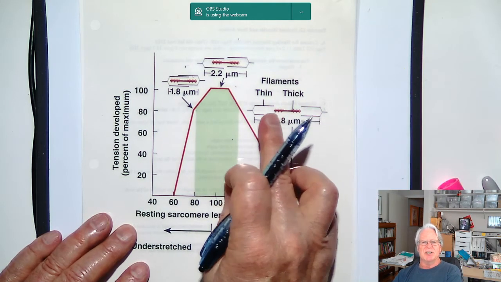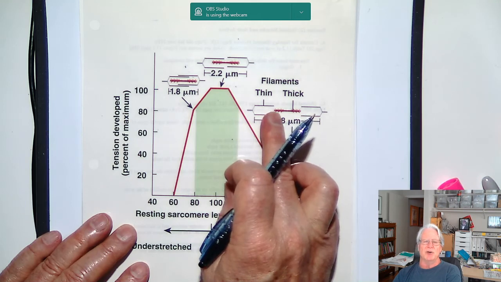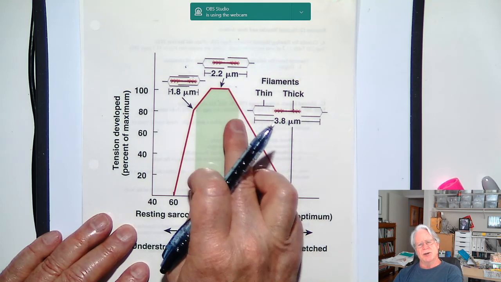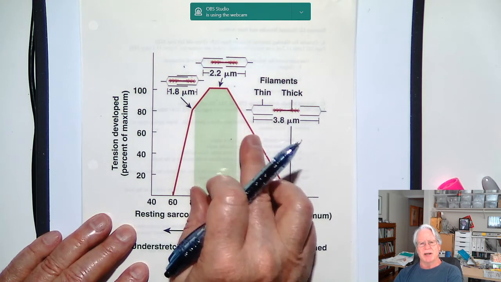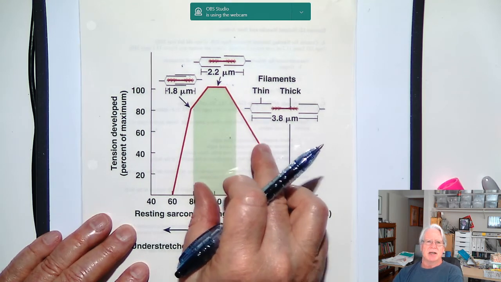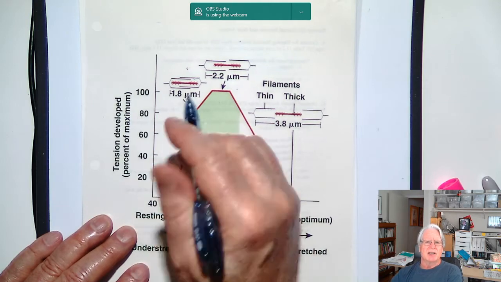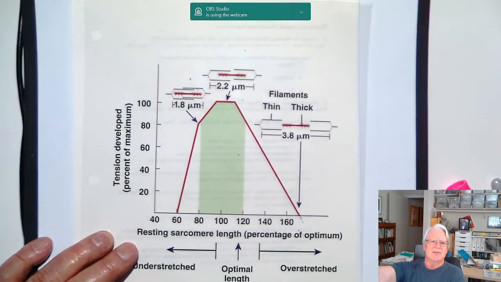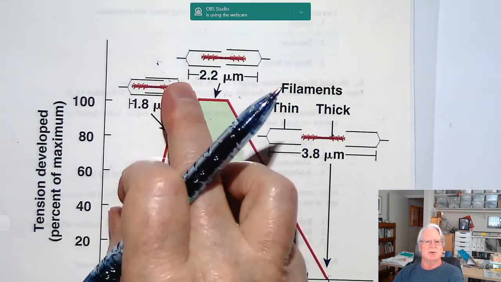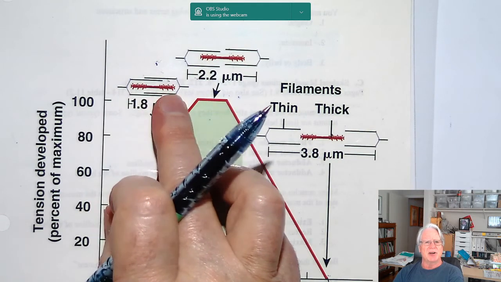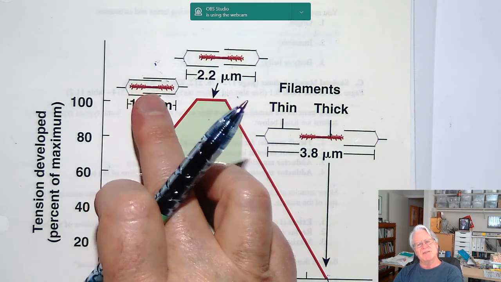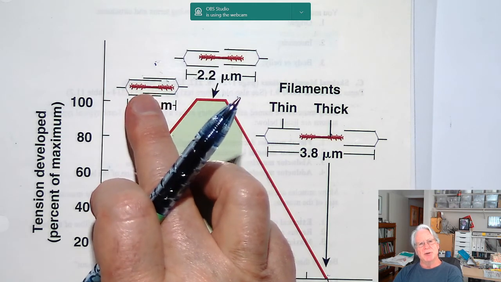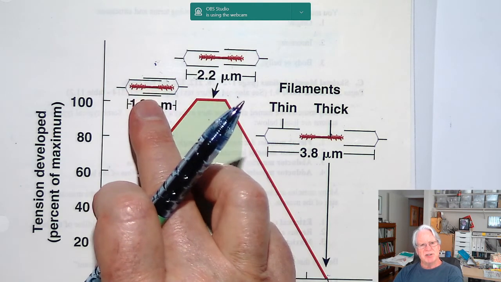But you can see that if I have just a very minimal amount of overlap, then my amount of force is not what I would like. It's not optimal. On the other side of the coin, as the filaments start sliding towards the center of the sarcomere, they will begin to overlap one another. As the thin filaments overlap, you're going to prevent cross bridges from being formed.